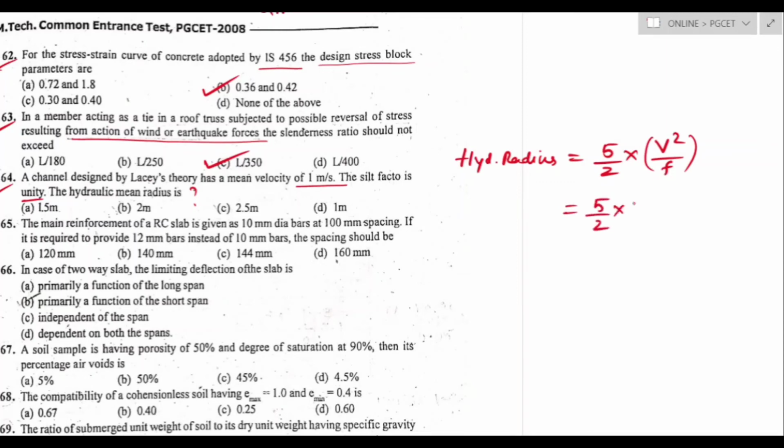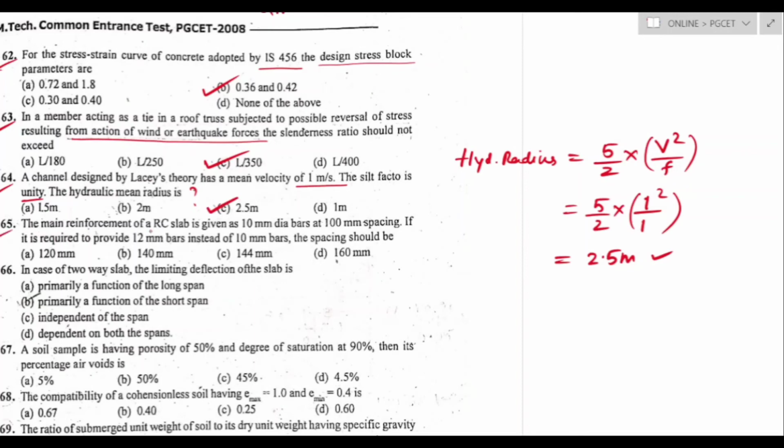So 5 by 2 multiplied by v, the velocity, that is 1 meter per second, so 1 square, and f is unity. If you calculate this, you will get the hydraulic mean radius as 2.5 meter. So option C is the right answer.